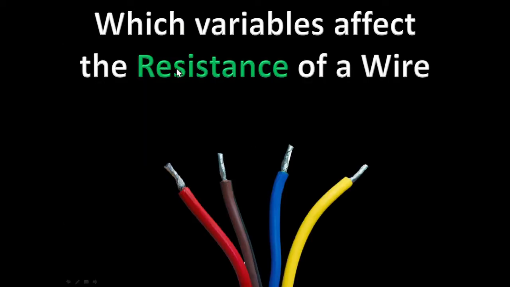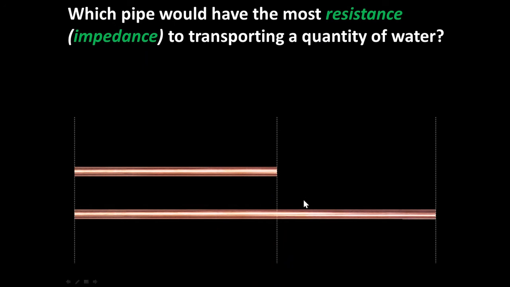All right, so now that we've talked about what gauge wire to use, let's see if we can understand what variables affect how much resistance a wire has. So we're going to fall back onto our analogy with electrons flowing through a wire, analogous to water flowing through a pipe.